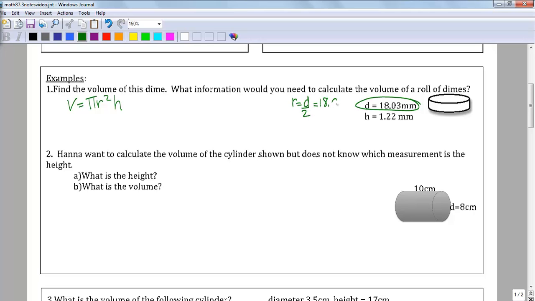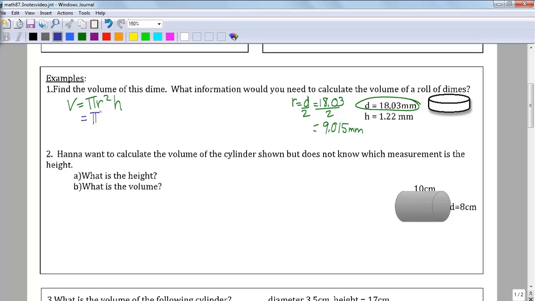So 18.03 divided by 2. Put that into my calculator, and I get 9.015 millimeters. Now that I know that, I can go back and do my substitutions. So pi, if you have a pi button, great.